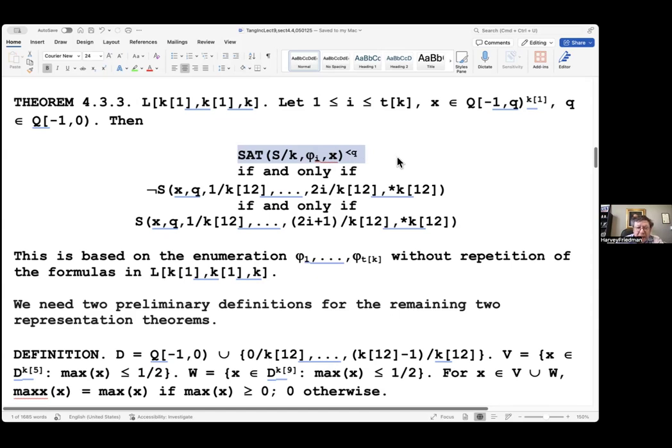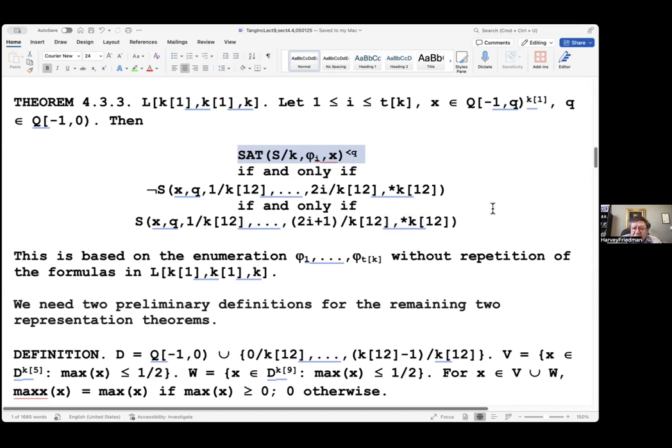Okay. And it's actually not just S, but with these parameters that go all the way up to 2I, and then they repeat. And it's also the same as without the negation sign, just S with one more of these things.